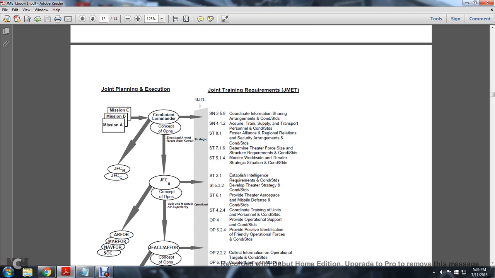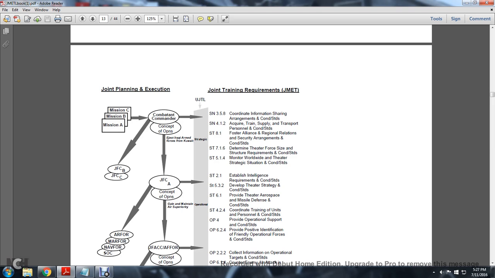All right, we're going to read the joint planning on the execution side, the bubble side, with the joint training requirements or joint mission essential tasks on top. Missions A, B, and C have combatant commander options.